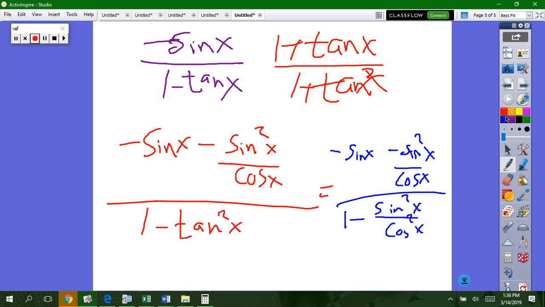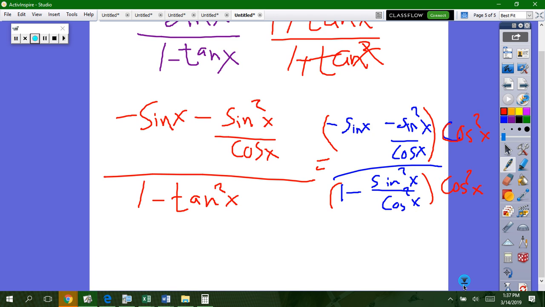Okay, what can I times top and bottom to get rid of my denominators? Cosine squared, right? If I times cosine squared top and bottom, that's not very pretty. Okay, now watch what happens here. I have to distribute top and bottom.